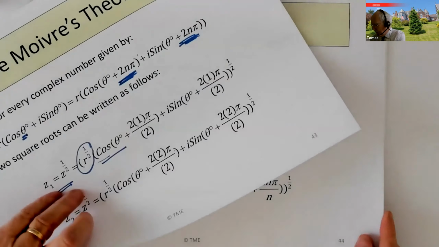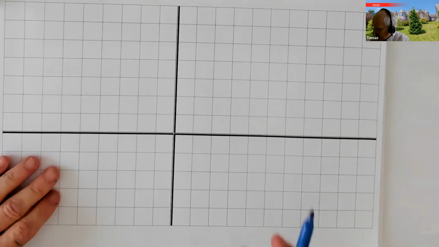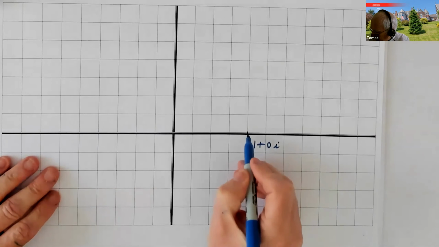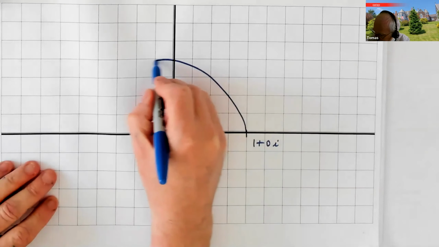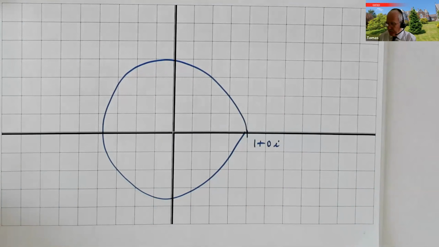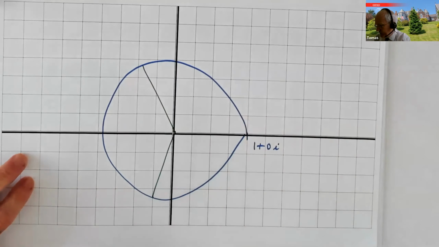So that's why when we go back to looking at the roots of, say, the third roots of 1, if this is 1 here, 1 plus naught i, I can draw a circle always. And if I want third roots, I'm going to split it in 3. 1, 2, 3.